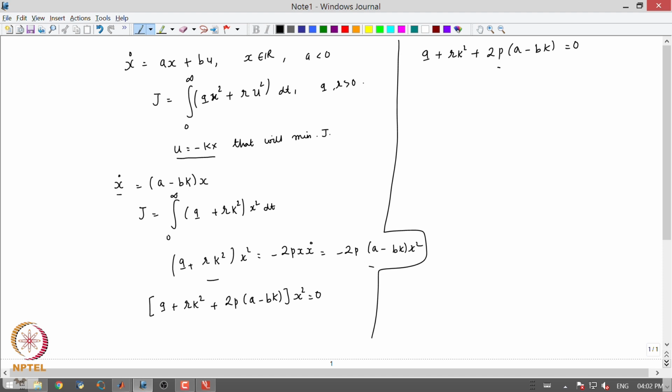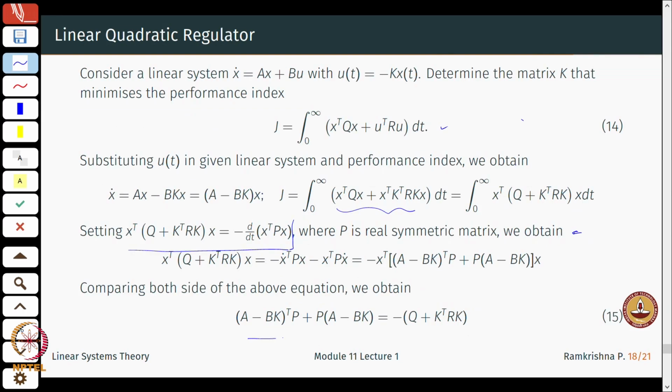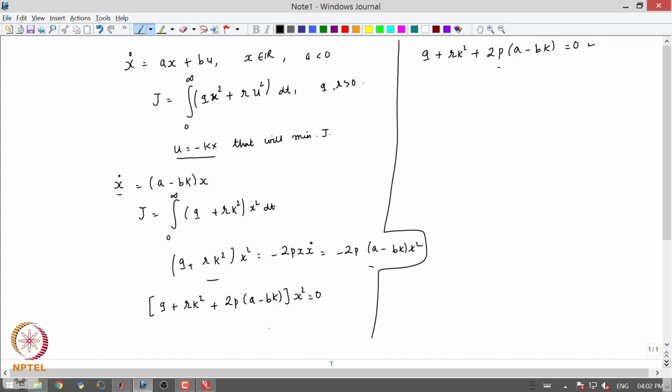Okay. So one more step is, if I look at this equation, I can also write it equivalently as a Lyapunov equation for a closed loop system, right. So when is a closed loop system stable? If we just look at the standard Lyapunov equation for stability, that will be that if there is any q which is symmetric and positive definite, for which I can find a symmetric positive definite solution to this Lyapunov equation, then my system is asymptotically stable.